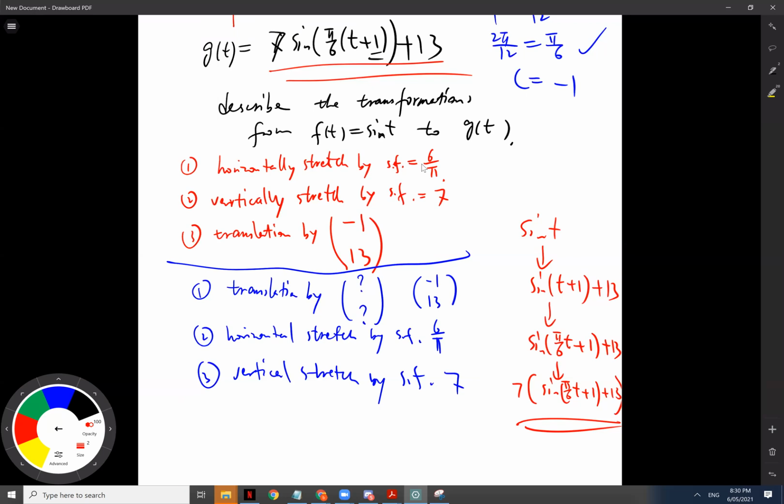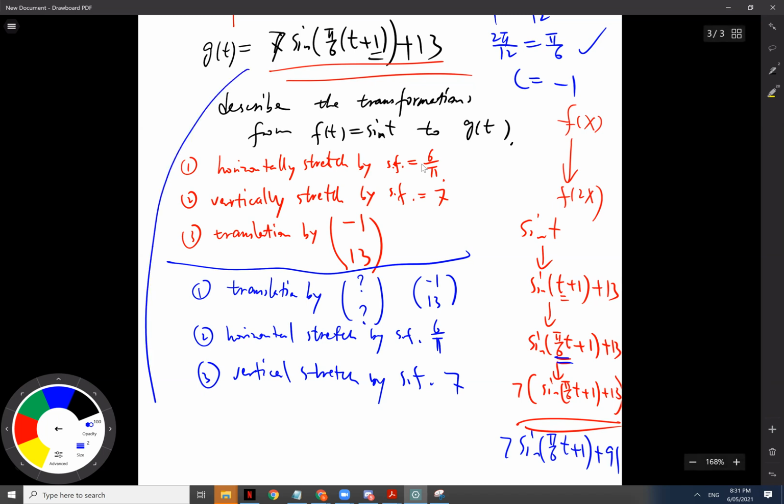If it's a horizontal stretch, f(x) just changes to f(2x), only x times by 2. In this case, only t is multiplied. What happened now? It's different, because if you expand this one, you get 7 sine(pi over 6 t plus 1) plus 13. Our original one is 7 sine(pi over 6 t plus pi over 6) plus 13.